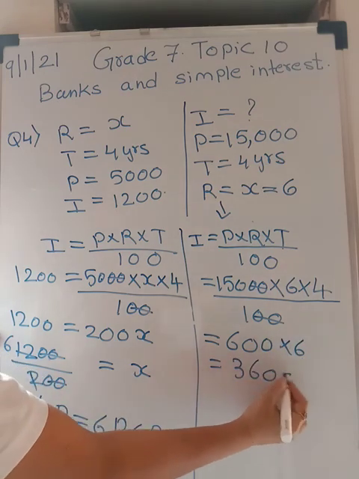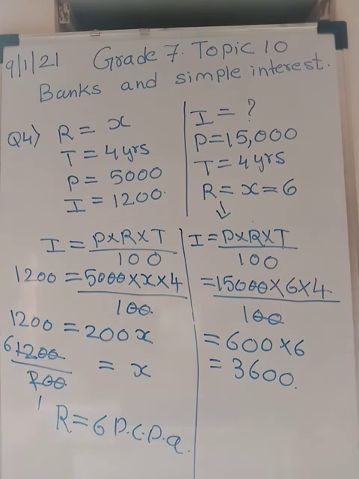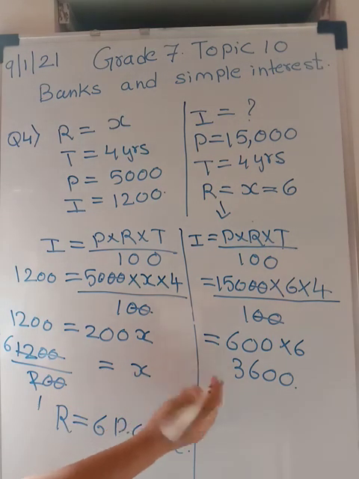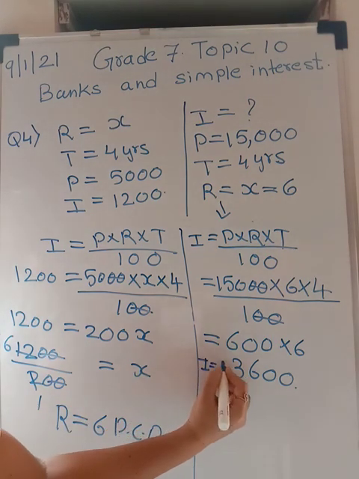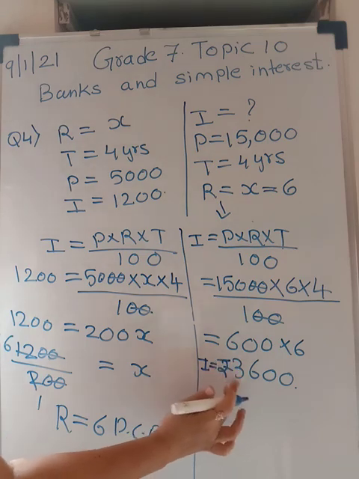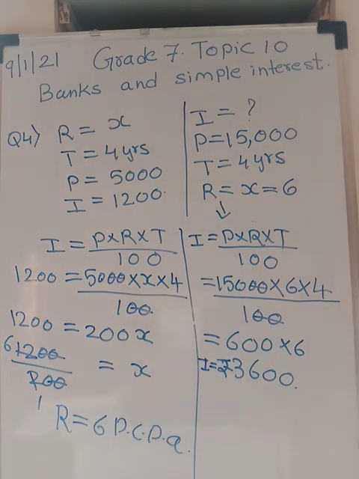So you have 3600 as your interest. Is this clear? So interest is equal to rupees 3600. I hope it is clear. You understood what we have done? Fine. Please pause the video and take down all the steps.